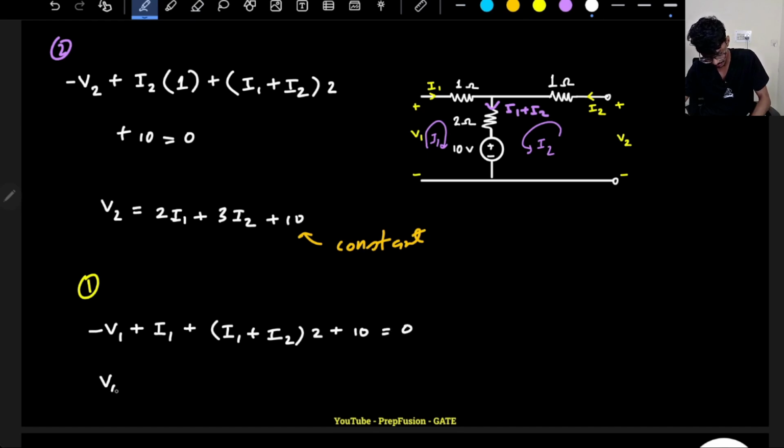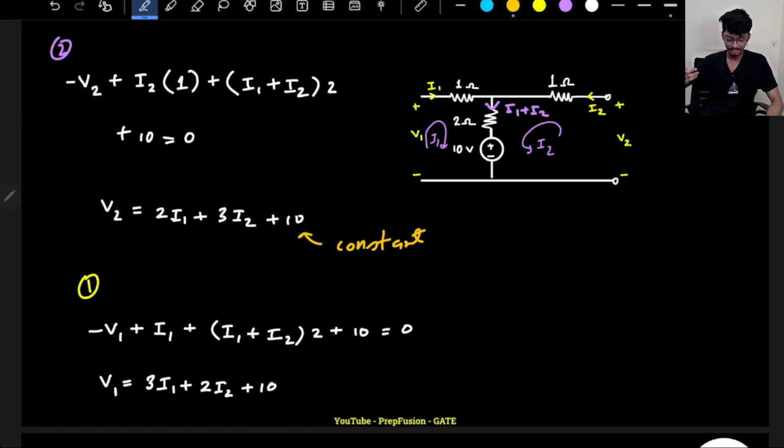Again the same thing will happen, that my V1 equals to 3I1 plus 2I2 plus 10. Okay, so ultimately what I can comment is that again a constant term is present. So for these kind of networks, Z parameter cannot be determined.